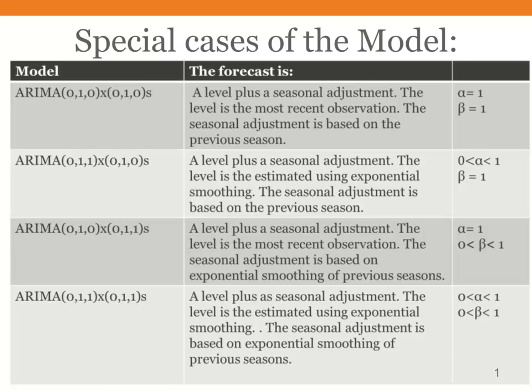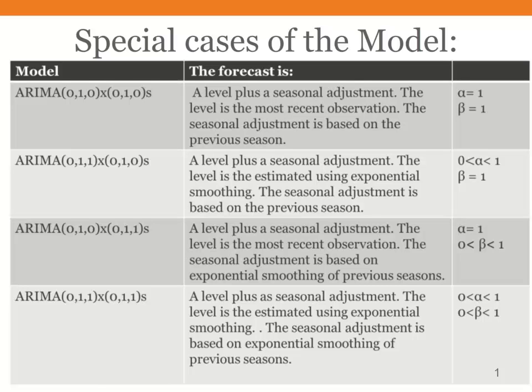The model at the bottom shows the general model that we're using. In all of these models, we're making the forecast using a level plus a seasonal adjustment. And the model at the bottom says we're going to use exponential smoothing to estimate the level, and also the seasonal adjustment is based on exponential smoothing of all of the seasons.